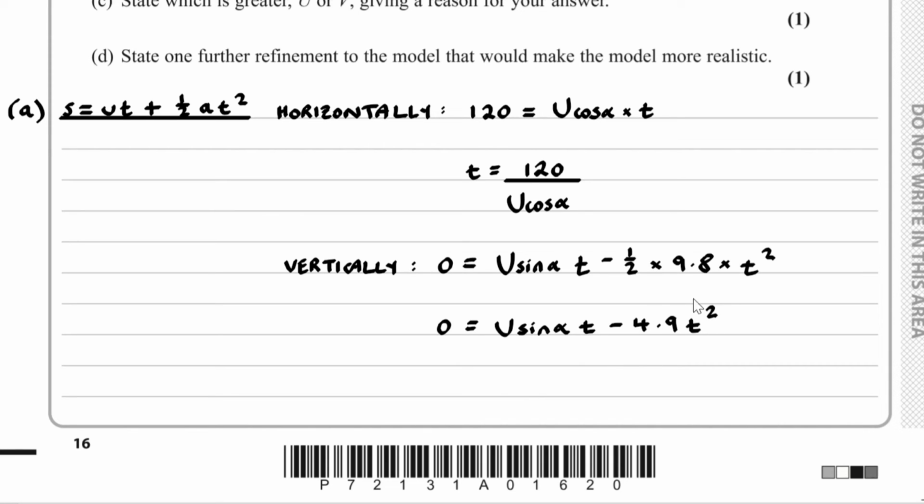And we know what t is, that's 120 over u cos alpha.